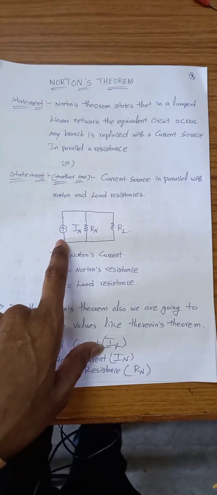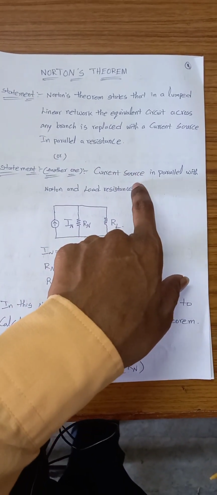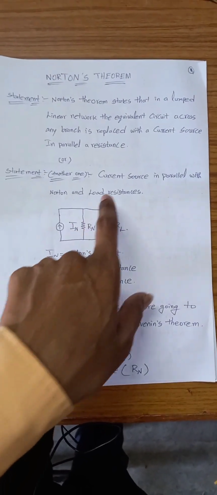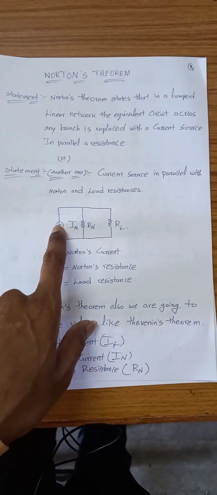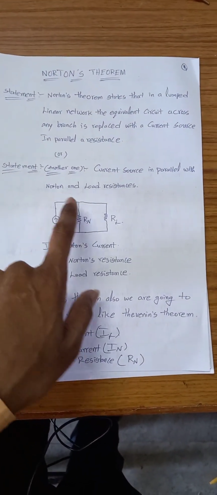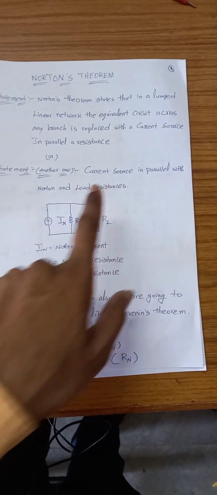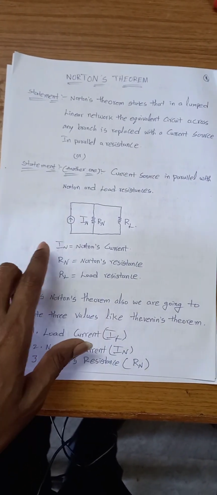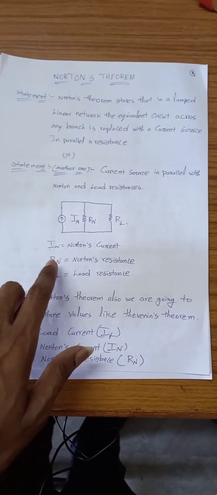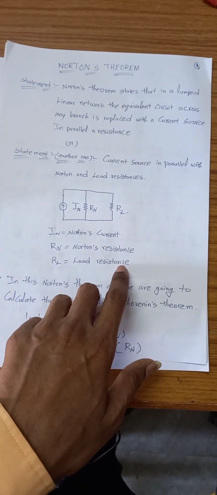Observe this circuit related to the statement: current source in parallel with Norton as well as load resistance. Here IN is the Norton's current, RN is the Norton's resistance, RL is the load resistance.